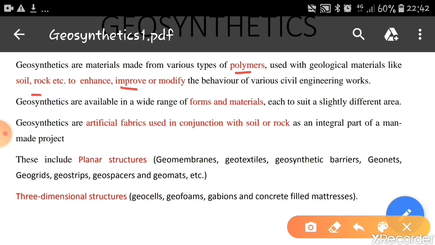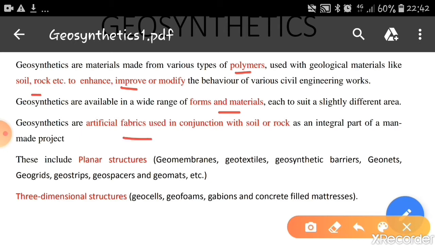So these geosynthetics are available in a wide range of forms and materials, each to suit a slightly different area. Various types of geosynthetic materials are available which are made up of polymer, polyester, etc. Geosynthetics are artificial fabrics, as I've told you.